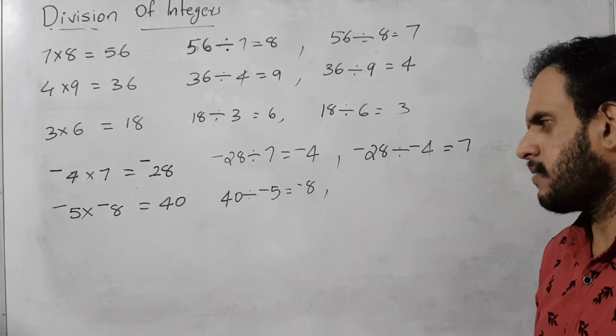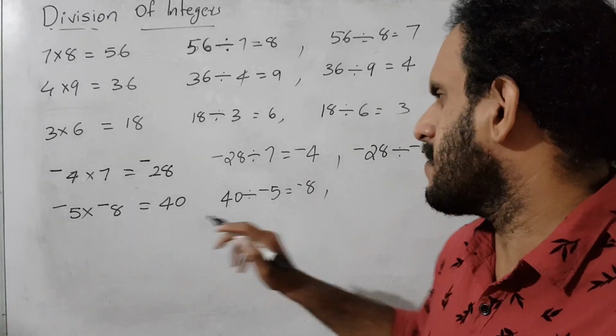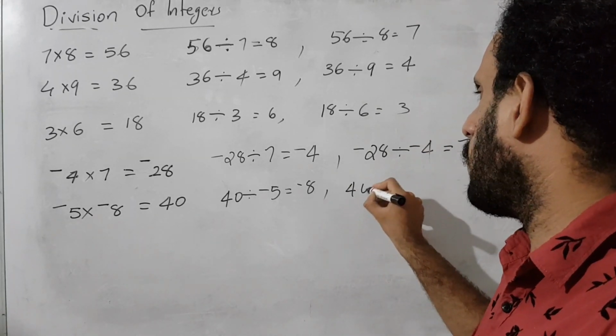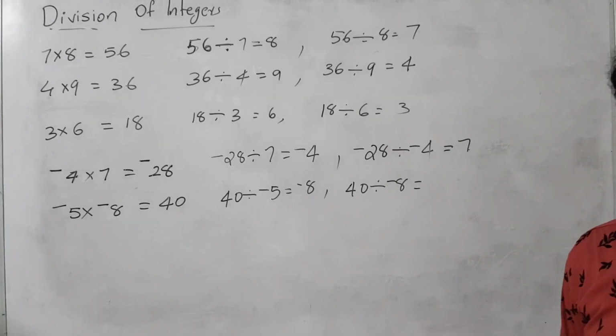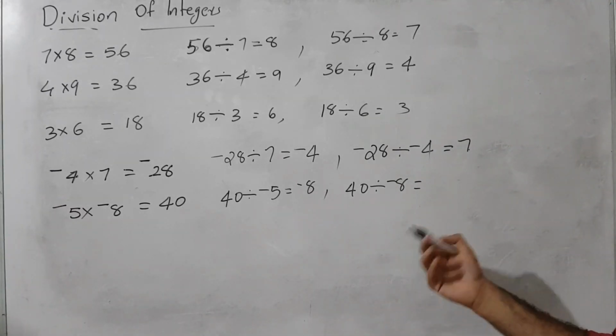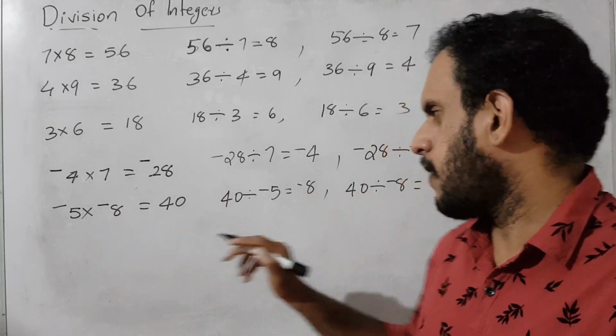Correct? What is next? What is 40 divided by minus 8? It is minus 5.